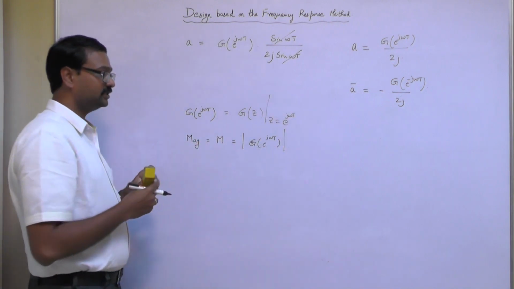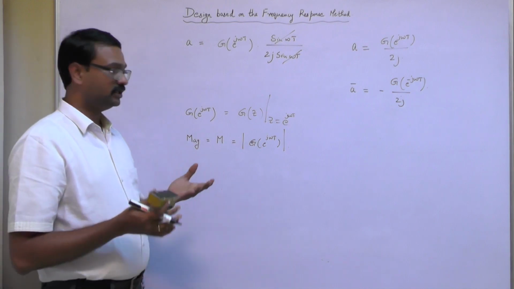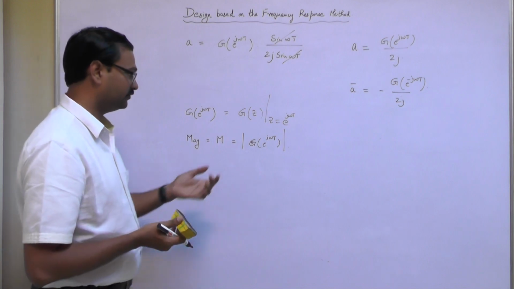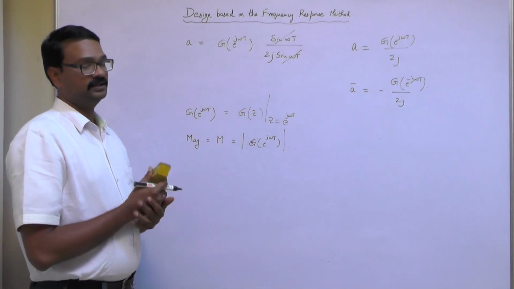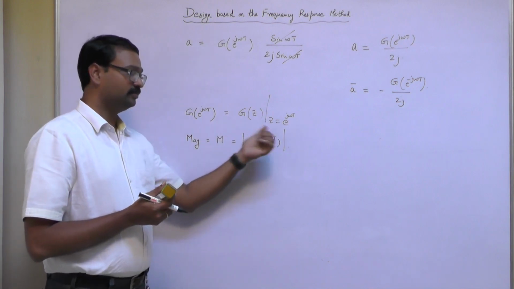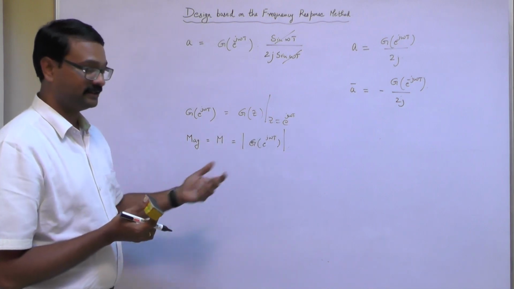That is, we are converting the z domain into the frequency response method. Therefore, in order to find the frequency response for any given stable system, we have to replace z with e^{jωT} to get the magnitude.